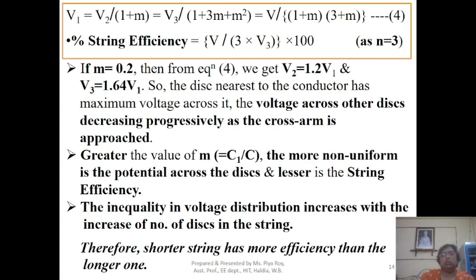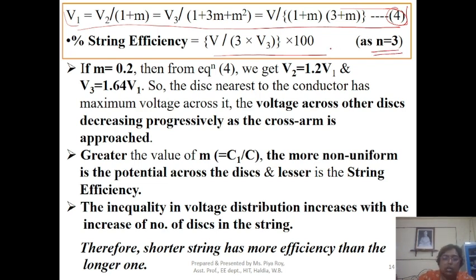And here is the expression. This is the top expression because we have to deal with it: V1 with the other disc voltages and the string voltage, which is equation 4, and the string efficiency expression written again for the number of discs being 3.